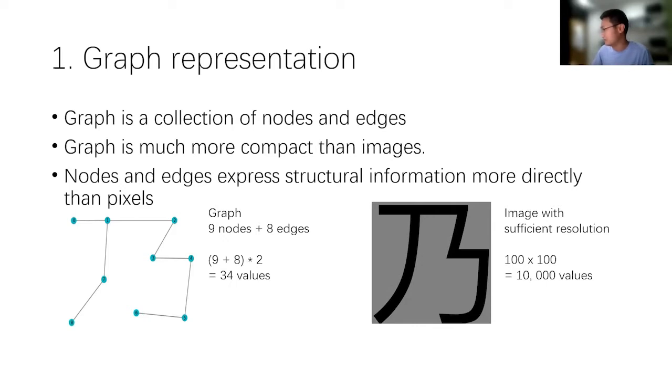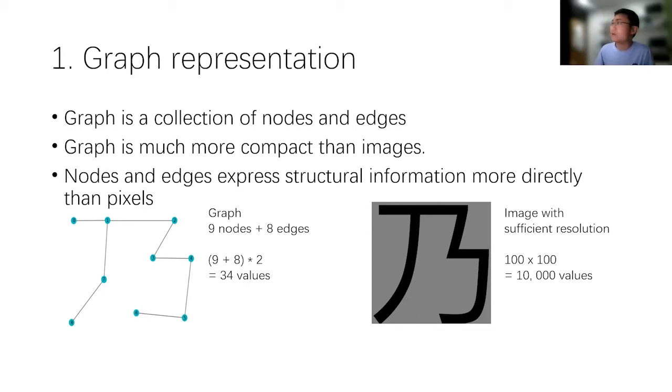That's 10,000 values. But for a graph, for this character, it has 9 nodes and 8 edges. For each node, it only takes 2 numbers to describe the x and y coordinates. And for one edge, it takes 2 numbers, which are the source and target node indices. So it only takes 34 numbers to represent all the information. It is way more compact.